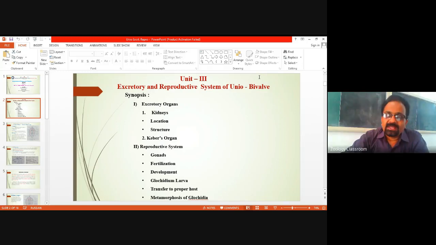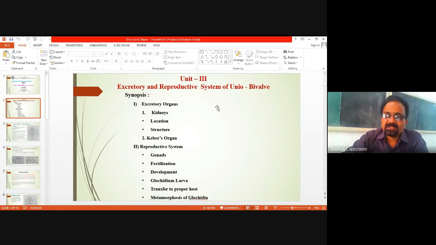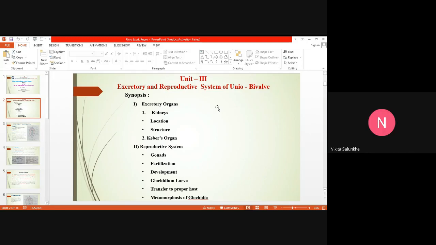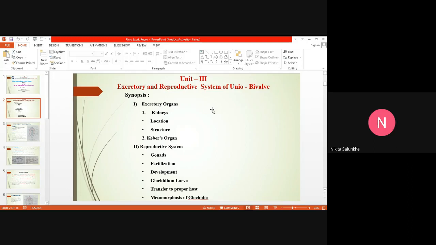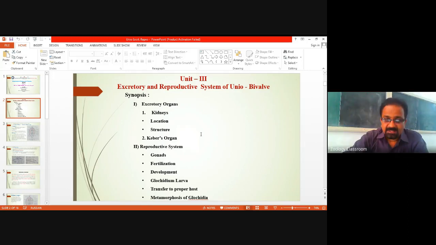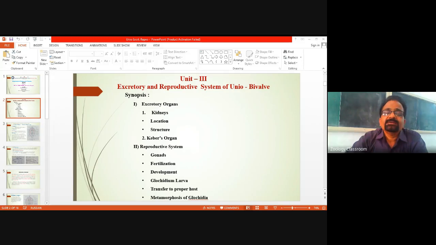Further, both these gill laminae have inner and outer gill lamella. Yes, can you hear me?